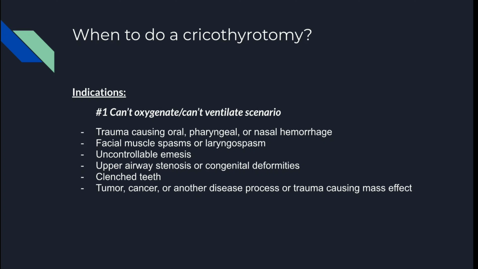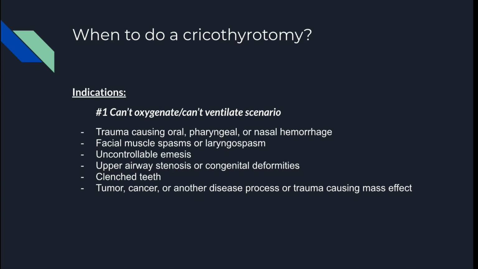Facial muscle spasms or laryngospasm, uncontrolled emesis, upper airway stenosis, or congenital deformities, somebody that just has anatomical abnormalities that they live with. Clenched teeth, this could be from a TBI.